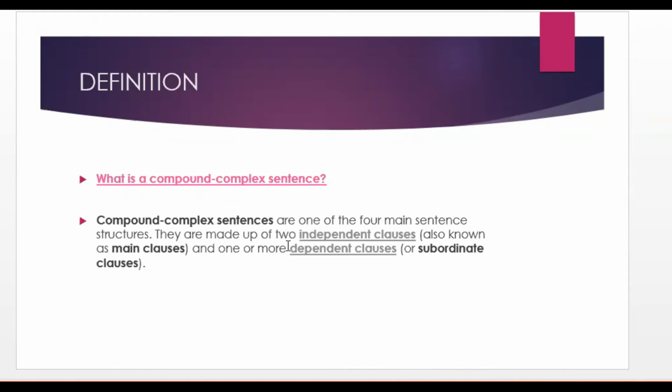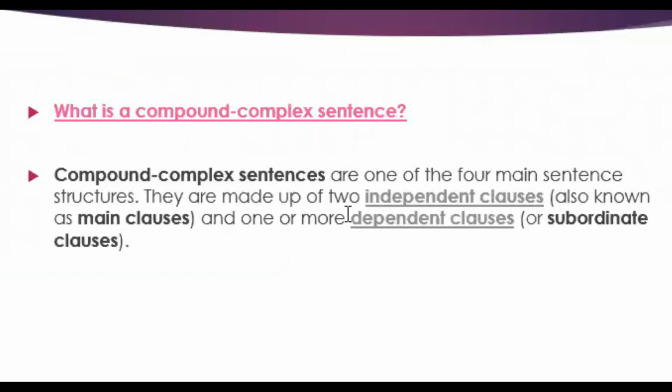So compound complex sentences are made up of two independent clauses, also known as main clauses, and one or more dependent clauses, or what we call subordinate clauses. In the bracket there, these are just other names that they refer to these clauses as, still referring to the same thing that we looked at. So if we think about a compound sentence, a compound sentence was two independent clauses.